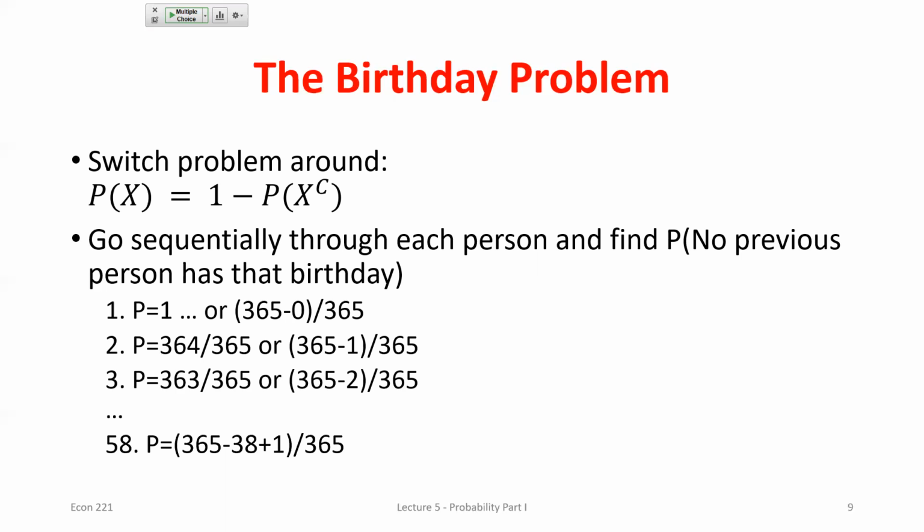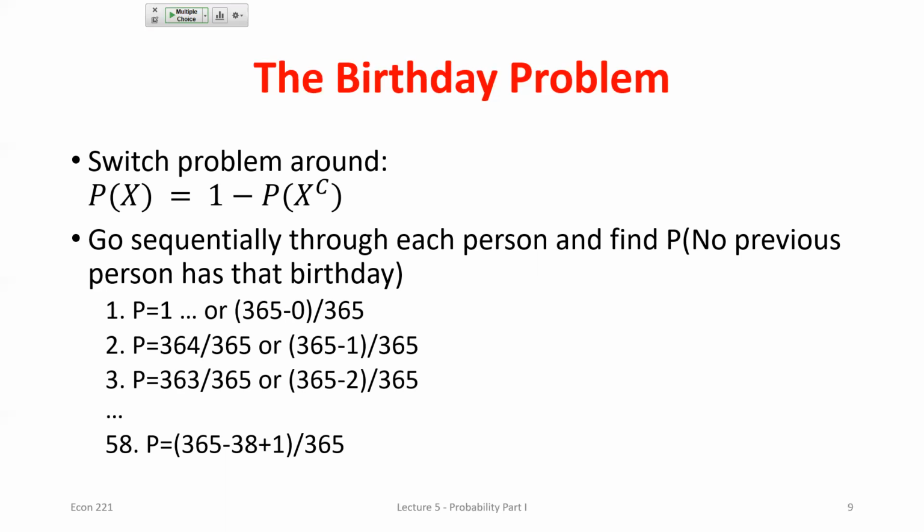And then I can think about, well, if every birthday is independent, what I really want here is the probability that person 1 has a unique birthday, and person 2 has a unique birthday, and person 3. Well, if they're independent events, I could just write this as the product, right?